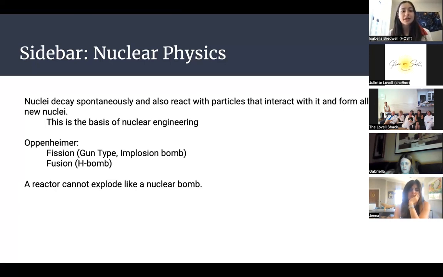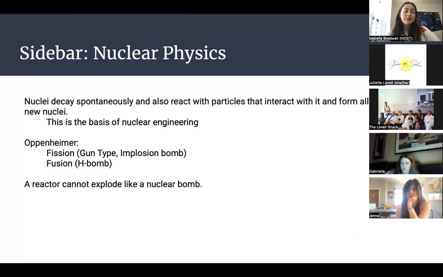Also, a really important thing I wanted to mention is that a reactor can't ever explode like a nuclear bomb. I always see people being really nervous about nuclear energy because of the huge destructive power of radioactive elements like uranium.